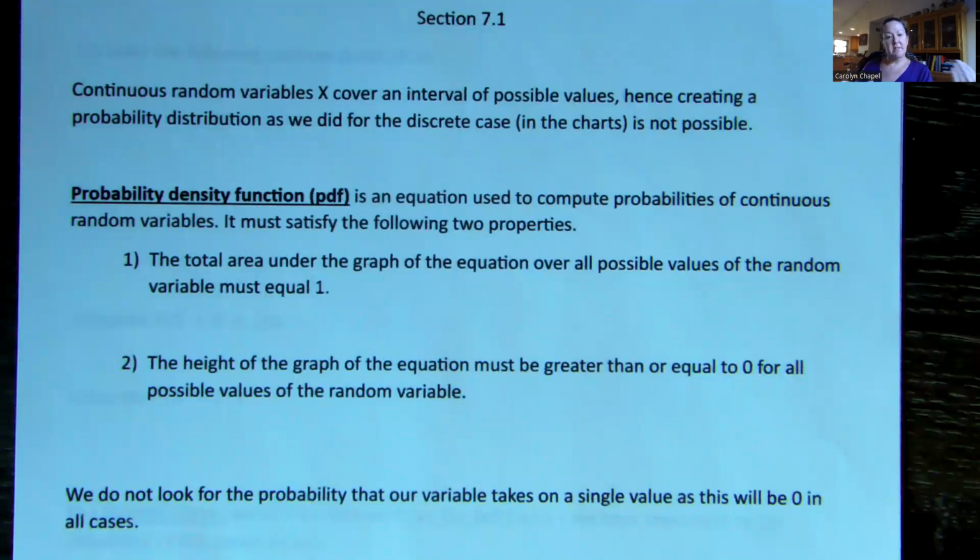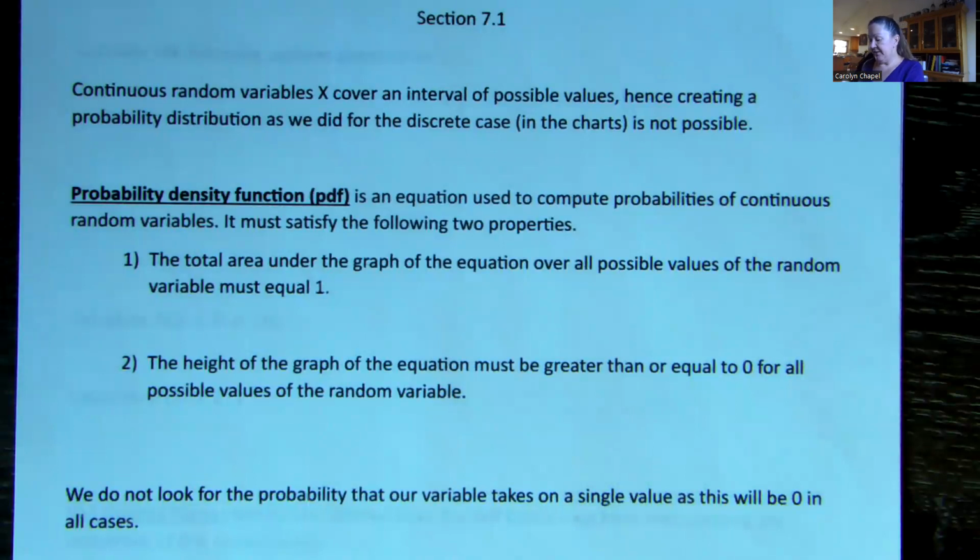This is similar to when we add up all of our probabilities, we get 1 from the discrete model. The height of our graph, so if we graph this again, we have to always be greater than 0. That's going to be similar to probabilities being between 0 and 1. Now, we can, in these situations, be larger than 1, depending on the possibilities for our random variable.